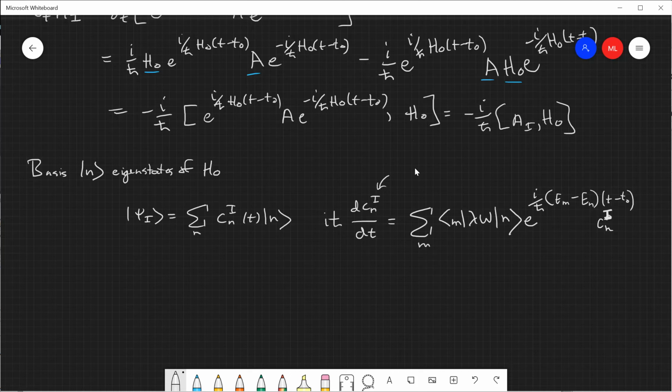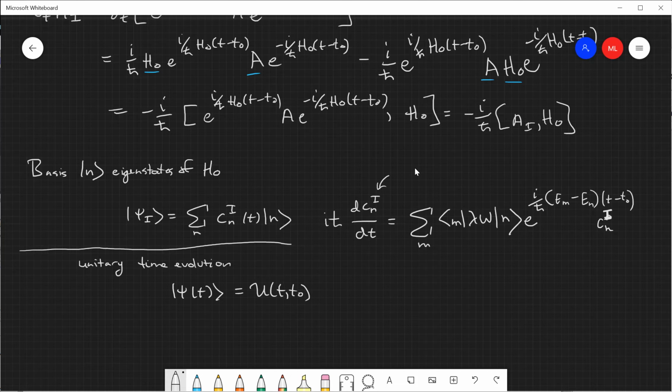So first of all, let's remember unitary time evolution. We know in general, without thinking about the interaction picture, that in principle we should be able to calculate the state at time t by evolving your initial state with some unitary operator like that.